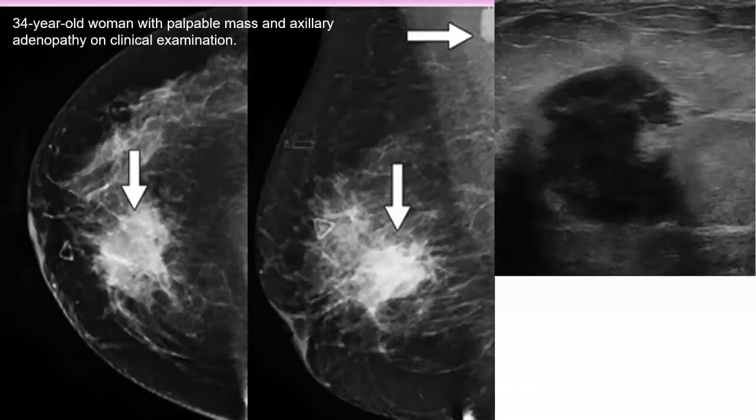There is axillary lymph node enlargement seen at the mediolateral oblique.